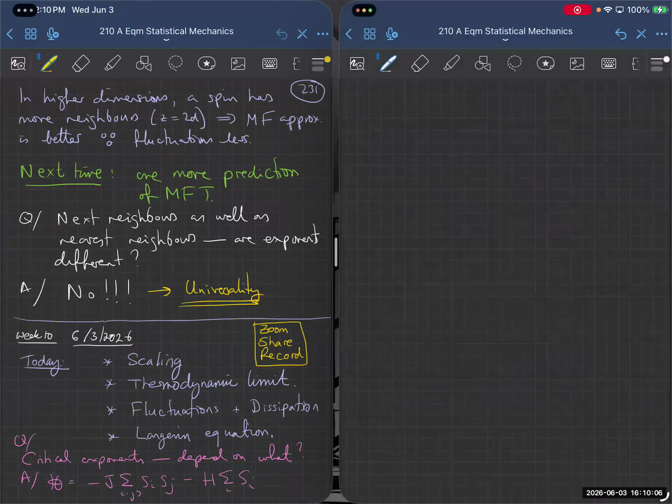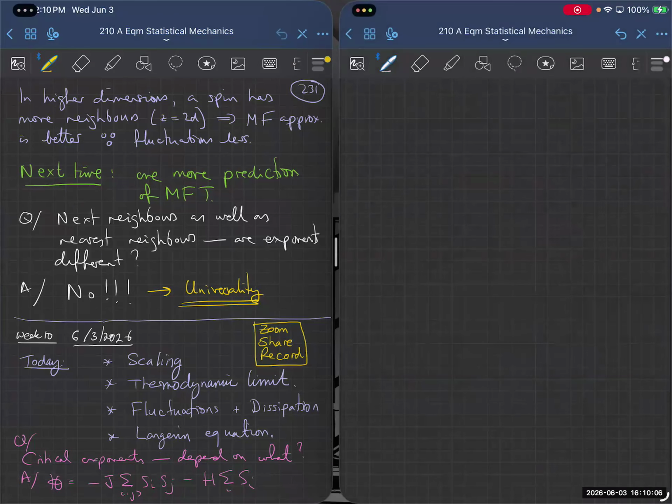You would say, well, naively then, maybe gamma and beta are functions of H and J. That would be a very sensible expectation.